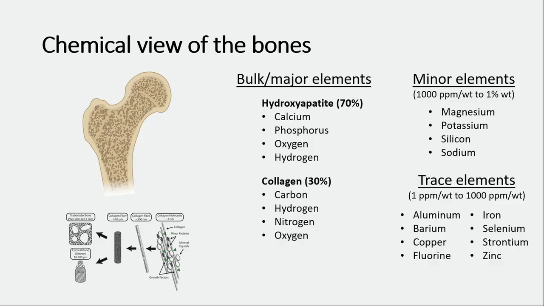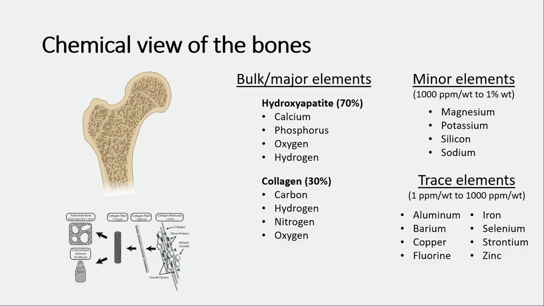The idea is that if we have the bones, you have the bulk, the matrix, that is like 70% hydroxyapatite, 30% collagen. On the elemental side, you can have calcium, phosphorus, oxygen, hydrogen, and then carbon, nitrogen, just for the matrix itself.